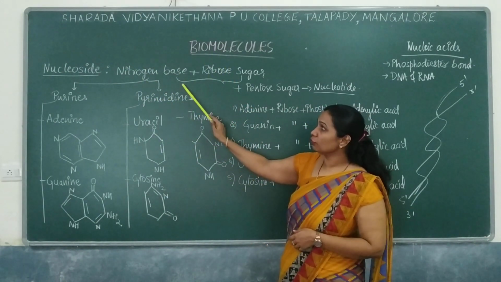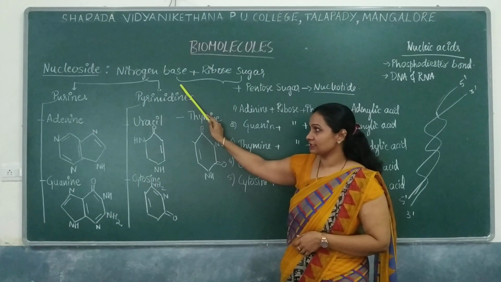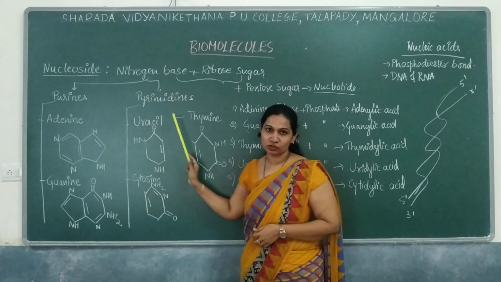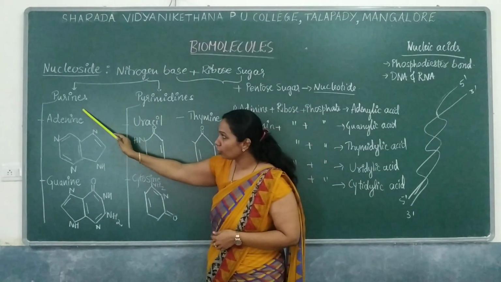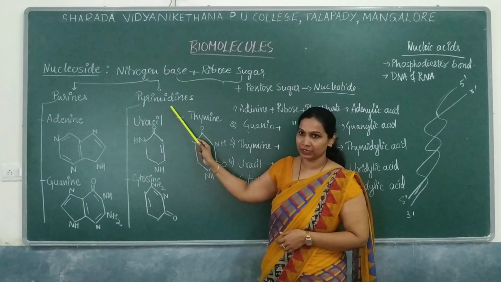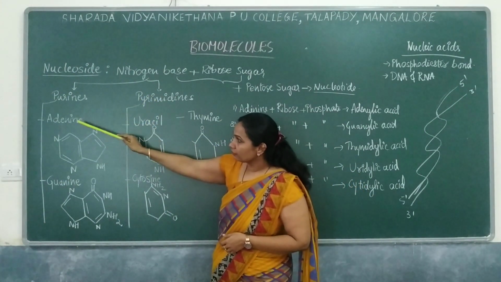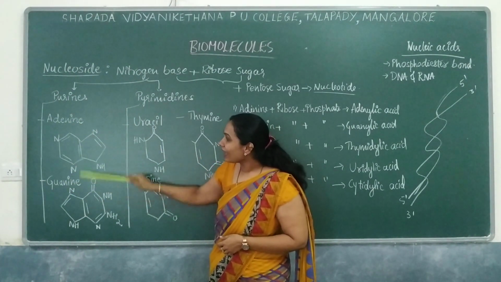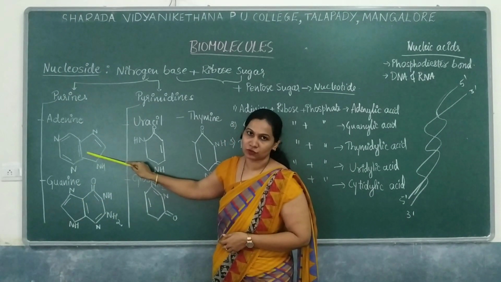So next we'll move on to the nitrogen bases. Here we have two types of nitrogen bases. One is a purine and the other is a pyrimidine. Under purine we have adenine as well as guanine. Both have double ring structures.